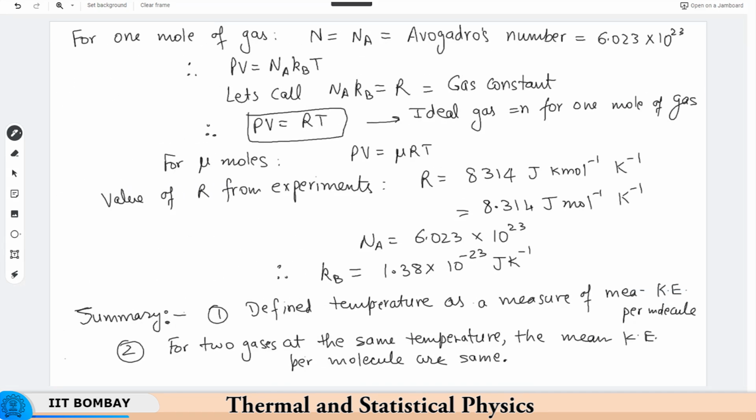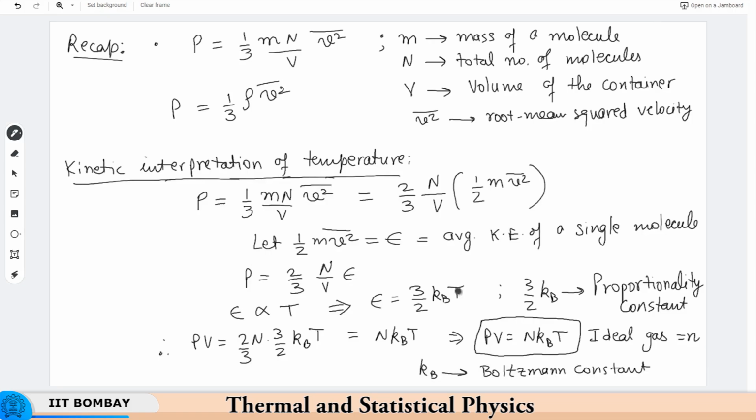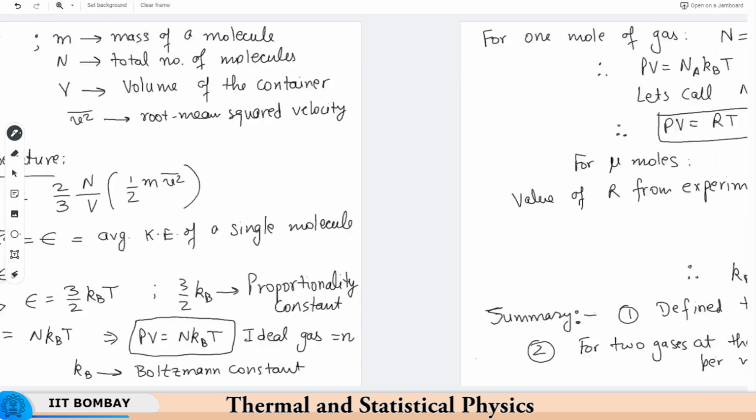Okay, and the third implication of this is, remember this is all classical theory, right. So you can imagine that if T goes to 0, your average kinetic energy goes to 0, right. So according to this theory, at T equal to 0, epsilon should also be equal to 0, which means if the temperature of your gas is 0, then the molecules will stop moving, and we clearly know that this is not true, right.